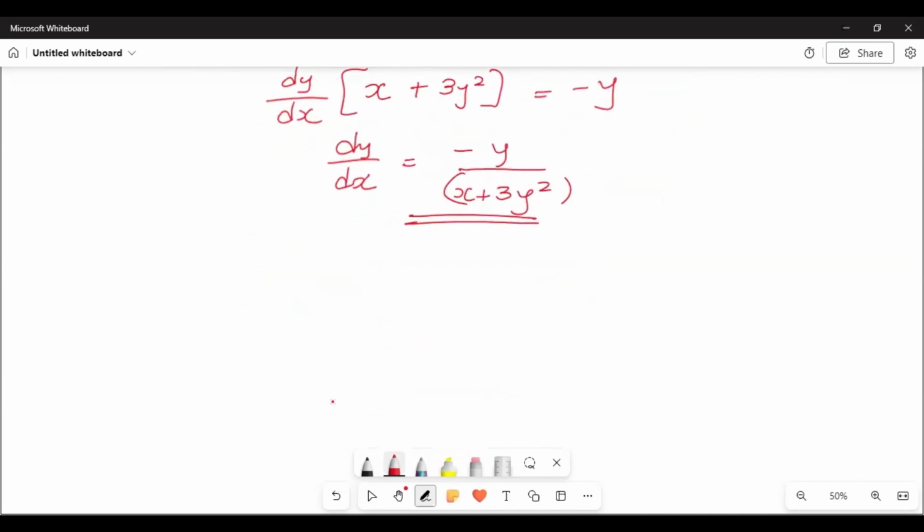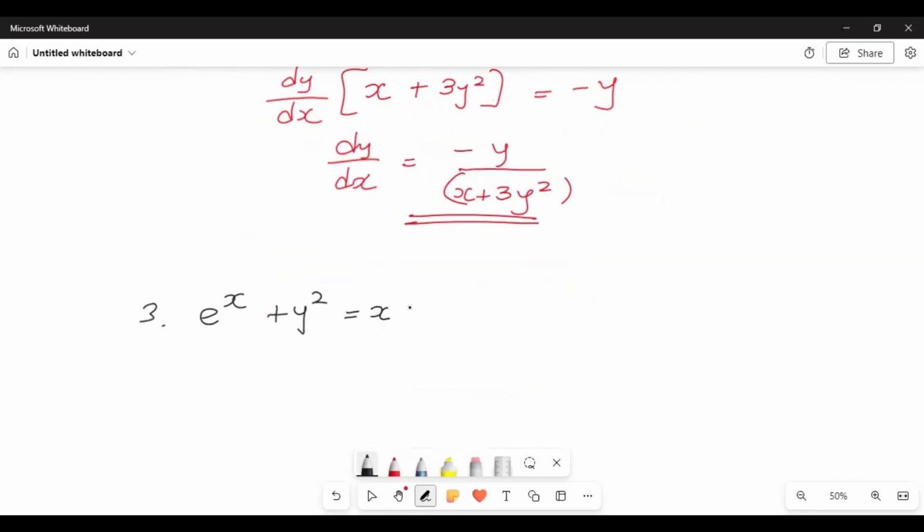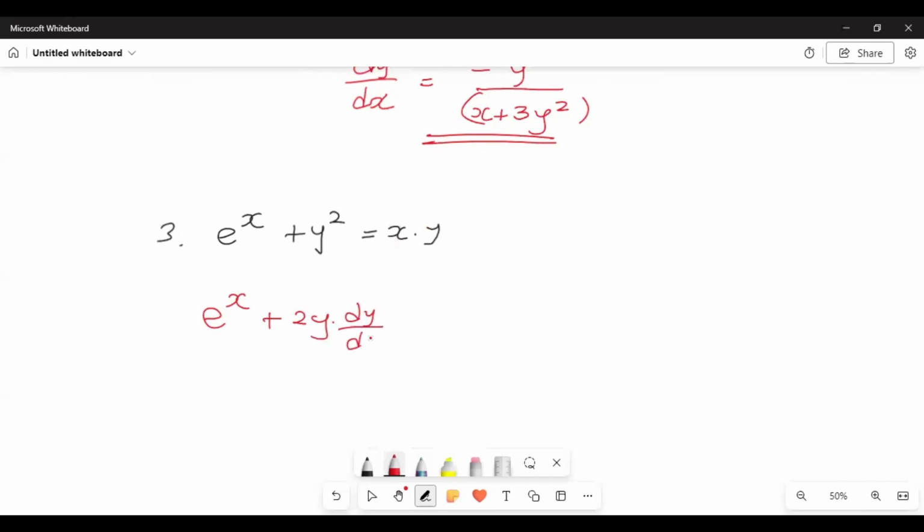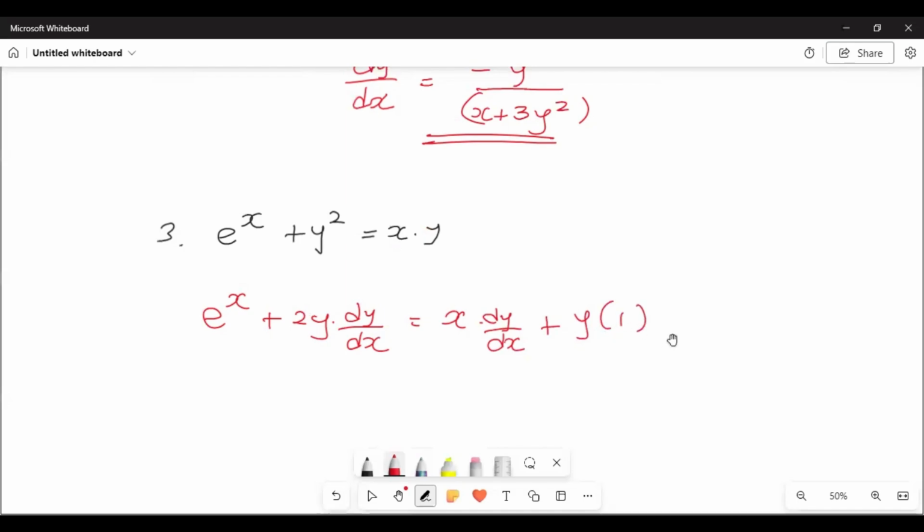Okay, third one. e to the power of x plus y to the power of 2 equals xy. So the derivative of e to the power of x is e to the power of x, plus 2 times y times dy over dx. Here it's going to be x times dy over dx plus y times 1.